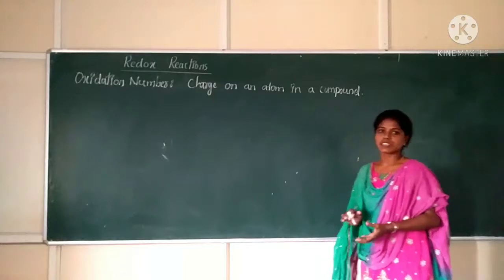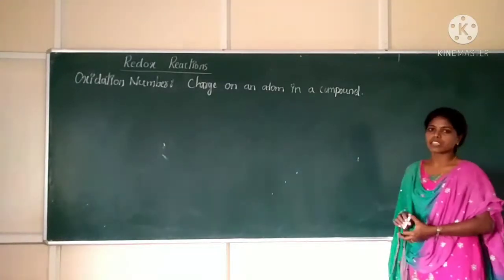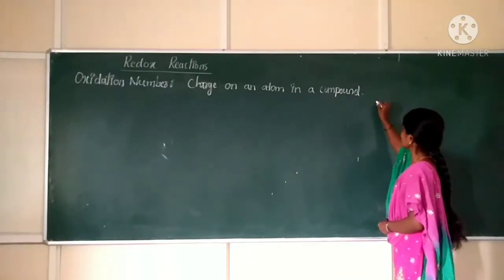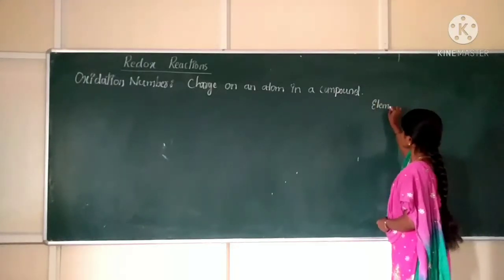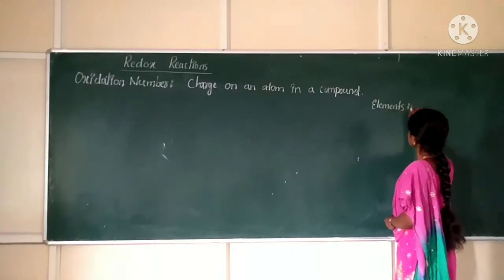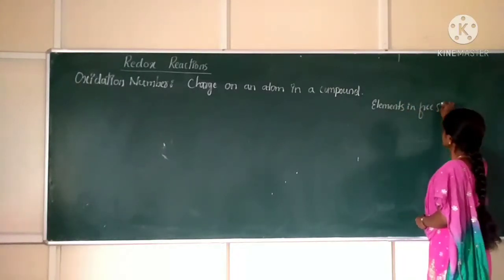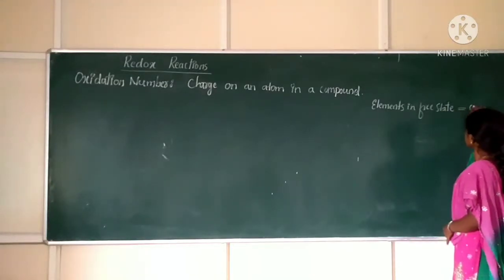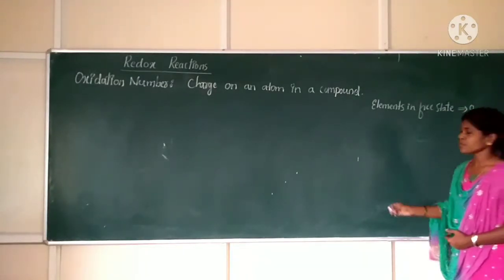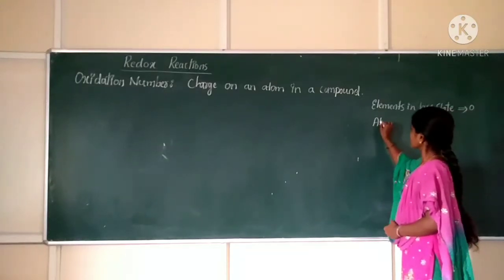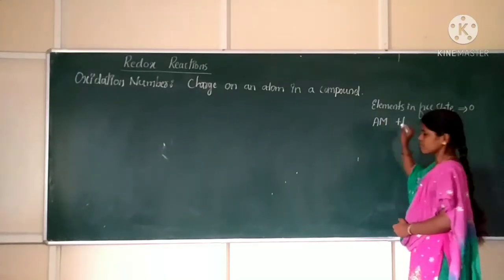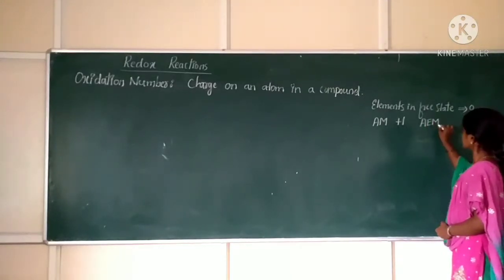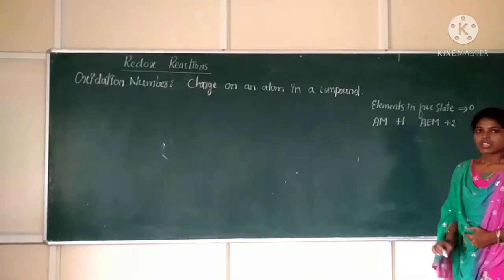And we also discussed the rules to find the oxidation number. What are the rules? Do you remember? Elements in free state have oxidation number 0. All alkali metals have oxidation number of +1 and alkaline earth metals have +2.